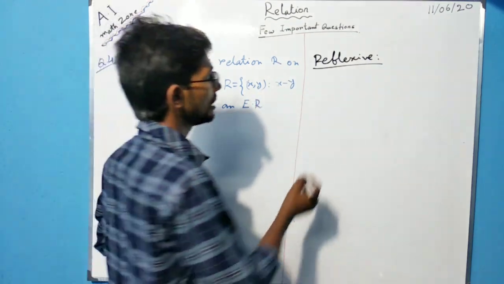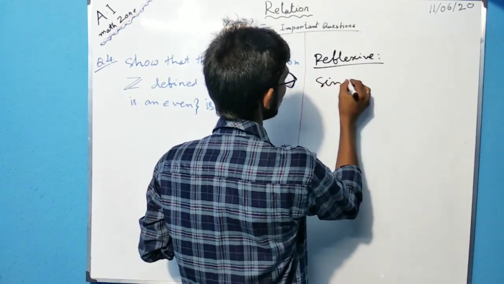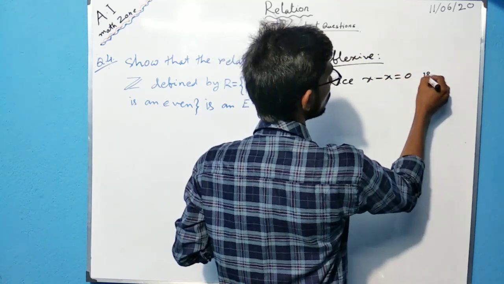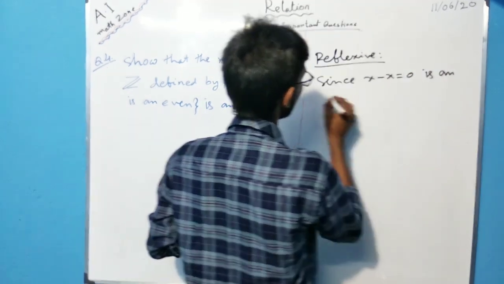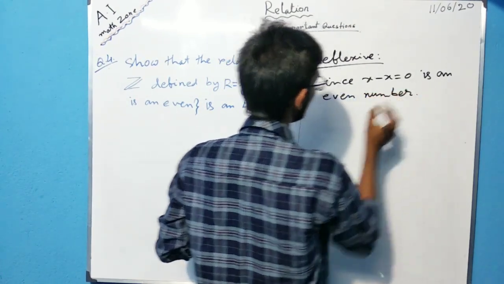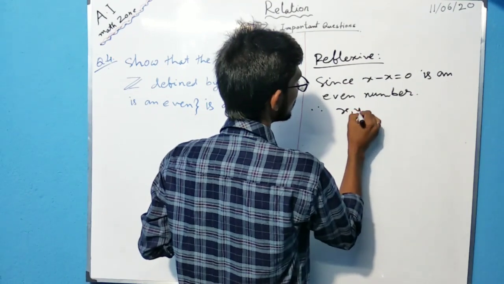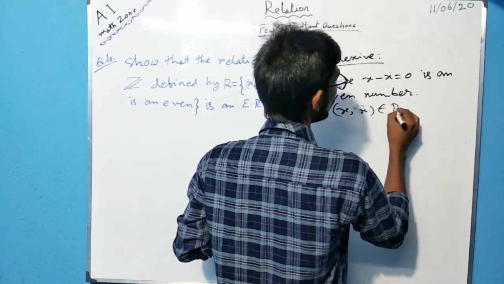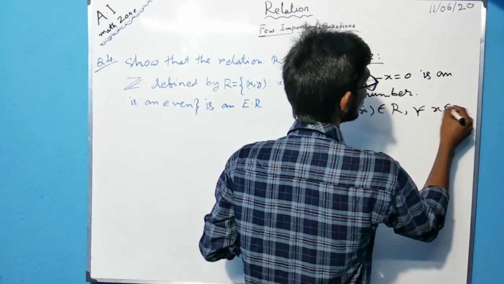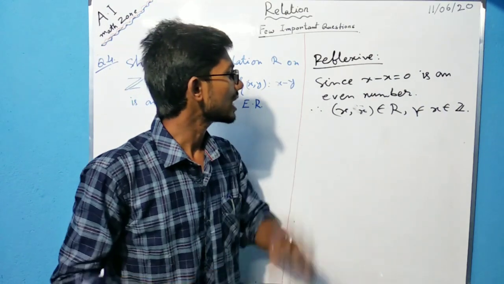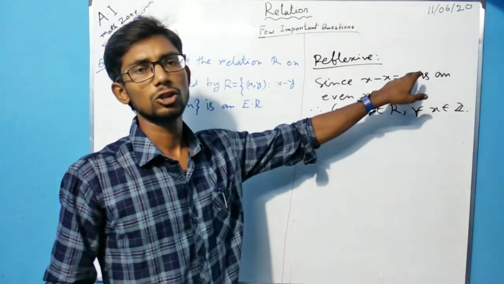See, since x minus x is equals to 0, is an even number, therefore x comma x belongs to R for all x belongs to Z. Z के अंदर जितने सारे एलिमेंट्स हैं उस सारे एलिमेंट्स के लिए ये 0 होता है.